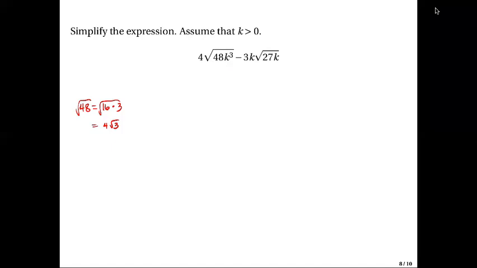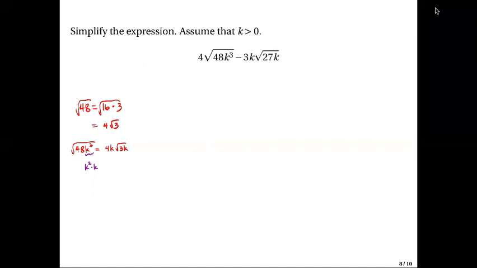And of course, if you have 48k cubed, you get the square root of this. This will just be 4k square root of 3k. Because k cubed is equal to k squared times k. So if you get the square root of that, you'll just get k square root of k.